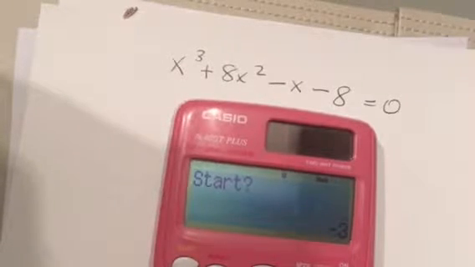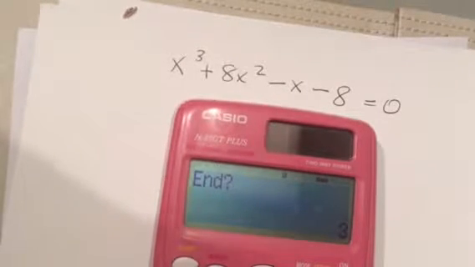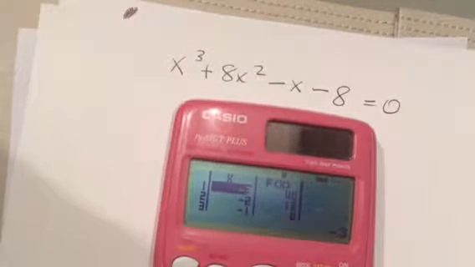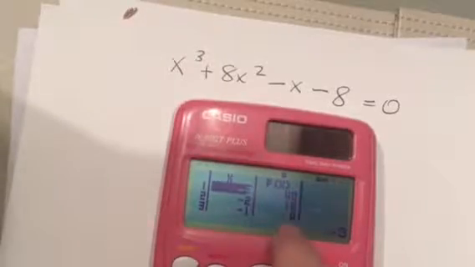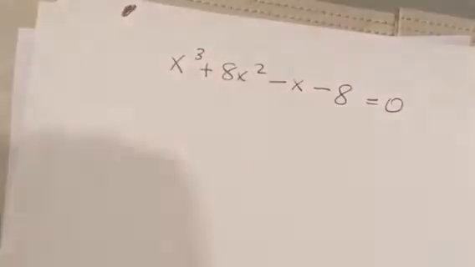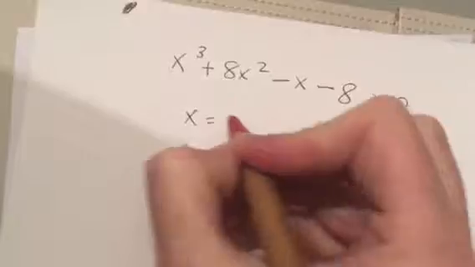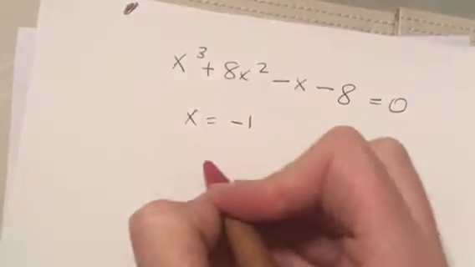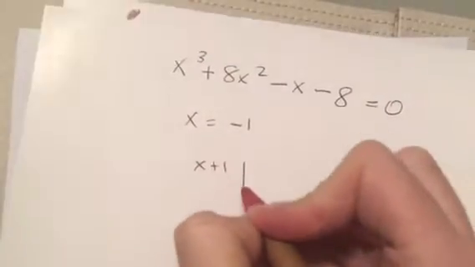I'm going to go from minus 3 up to 3, going up in whole numbers. I'm looking for where it cuts the x-axis, so we're looking for y to be 0. There's 1. x equals minus 1. So my option is I don't look any further and I just go, right, if that's a factor, then that's my root.